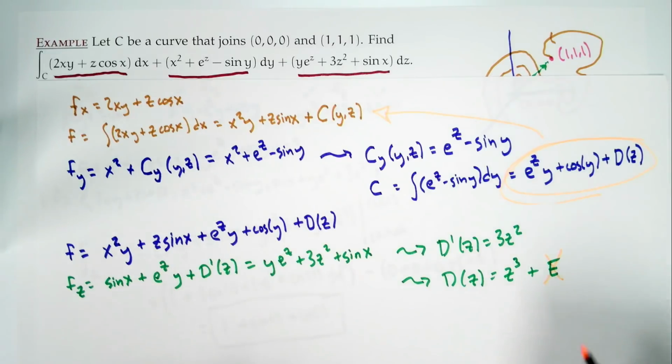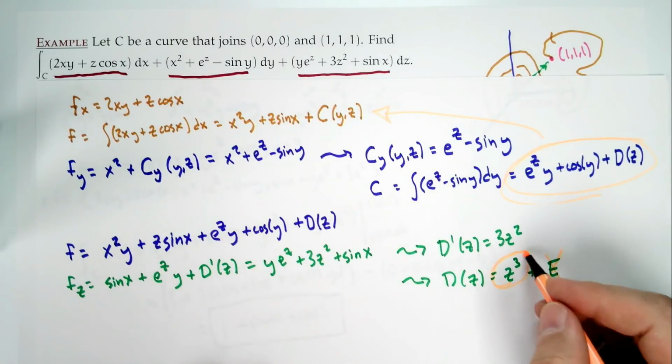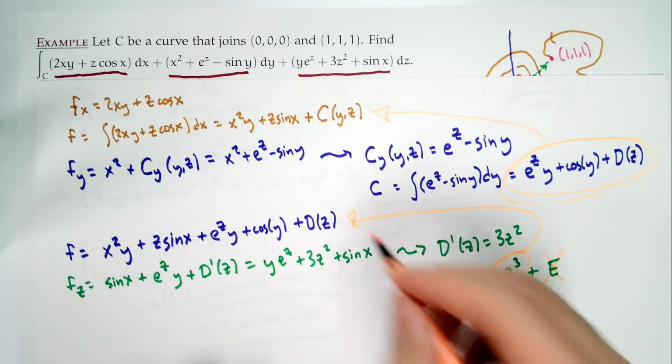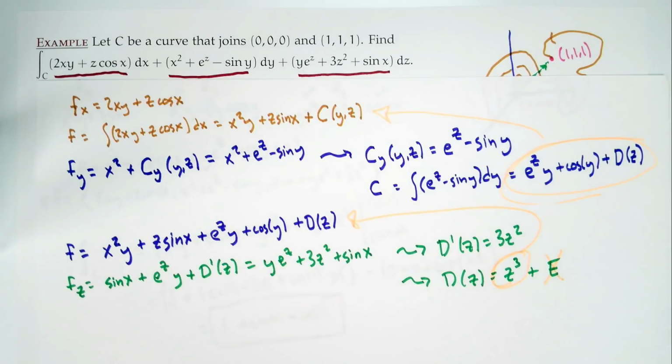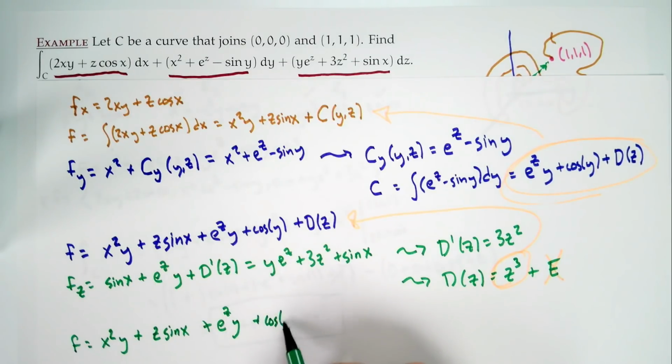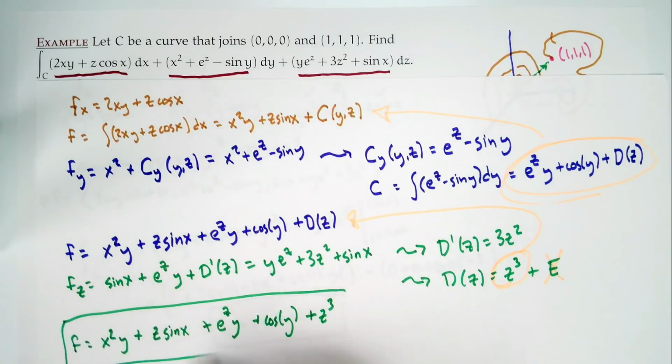Okay, so that's gone. Now, what do we do with this? We update. So, we can say now that our function is equal to x squared y plus z sine of x plus e to the zy plus cosine of y plus z cubed. And we're done. We built it up, one layer at a time.